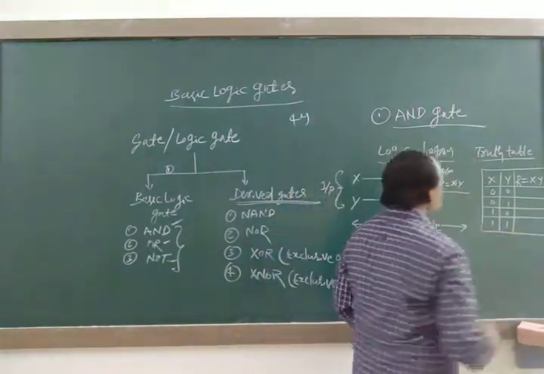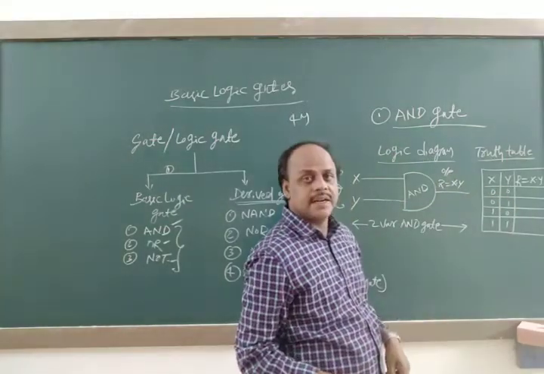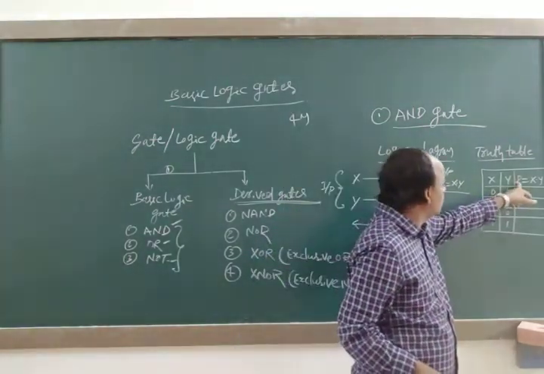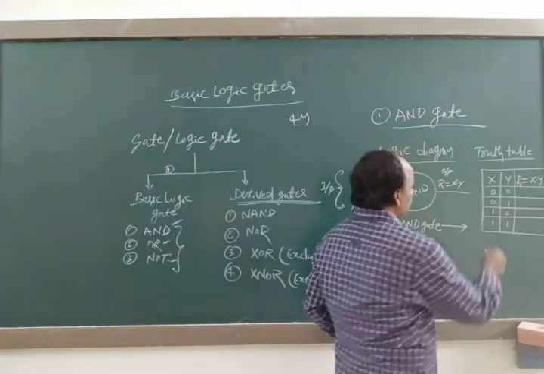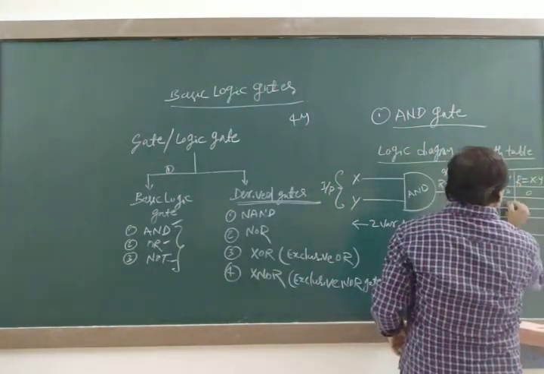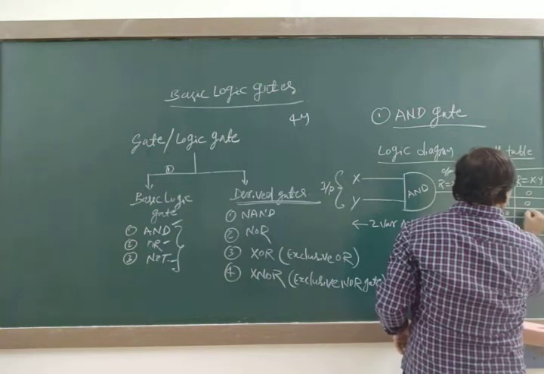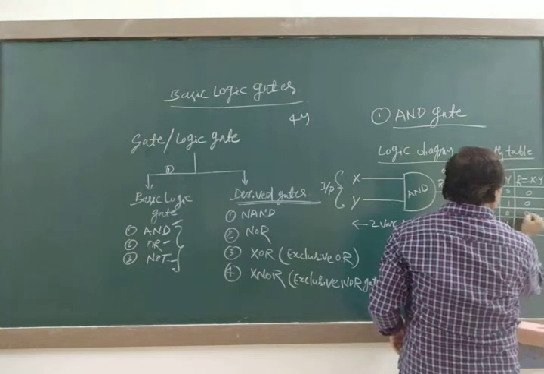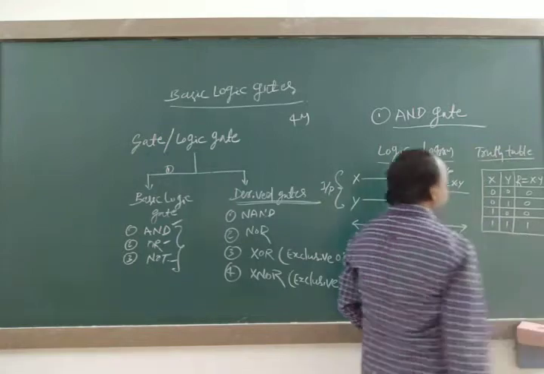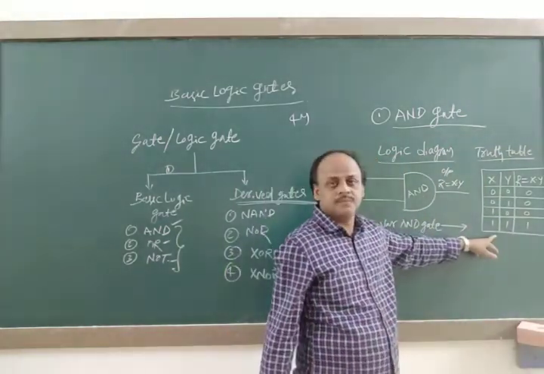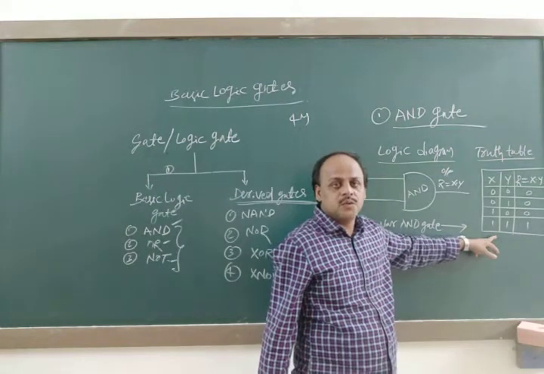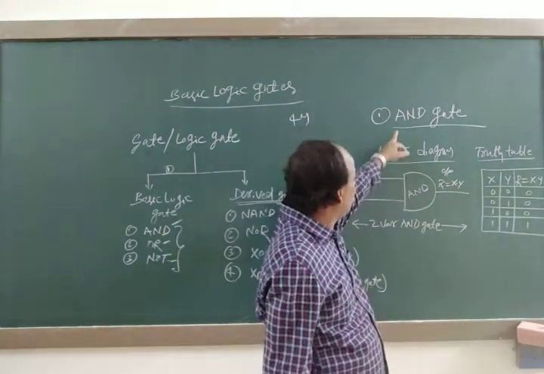Next, see the resultant expression. R is equal to x into y, meaning 0 into 0 is 0, 0 into 1 is 0, 1 into 0 is 0, 1 into 1 is 1. See here, from this truth table it is very easy to remember the definition of the AND gate.